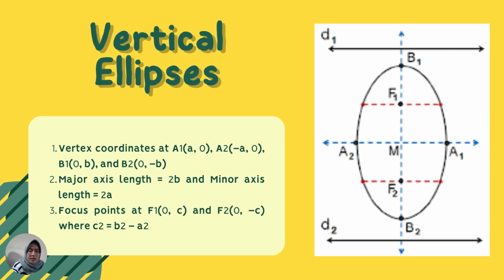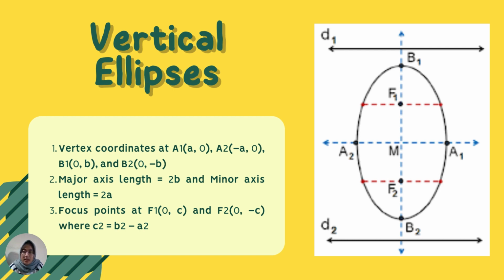Next, vertical ellipses. For vertical ellipses, I think it's almost similar to horizontal ellipses. The only difference lies in the coordinates.